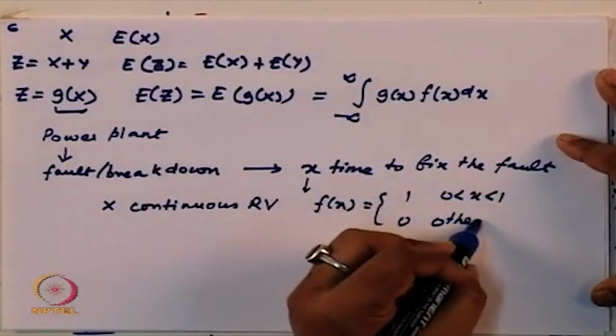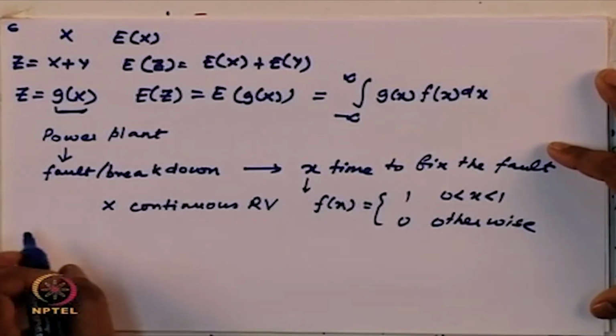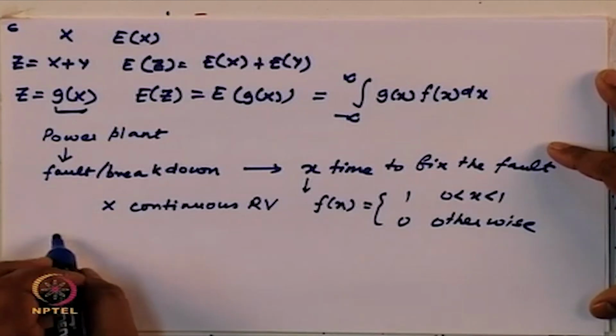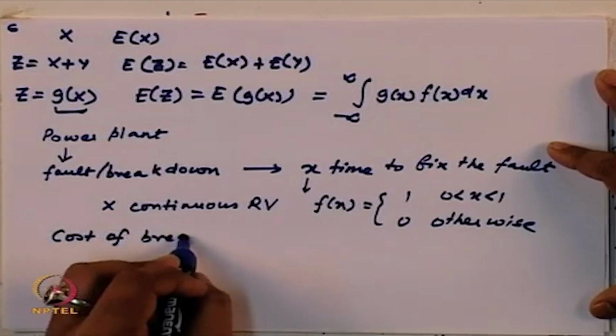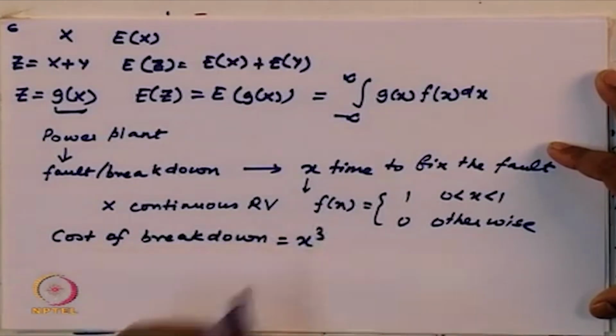Okay. This is the probability distribution. Now, let us say there is a cost associated with this breakdown. The cost of breakdown is X cubed.